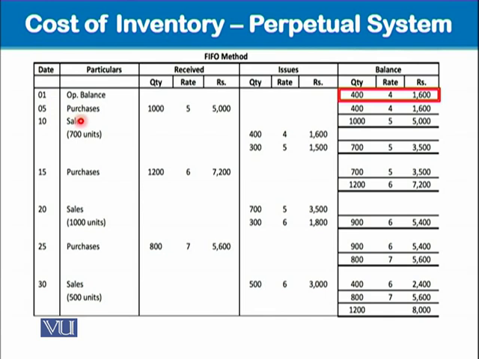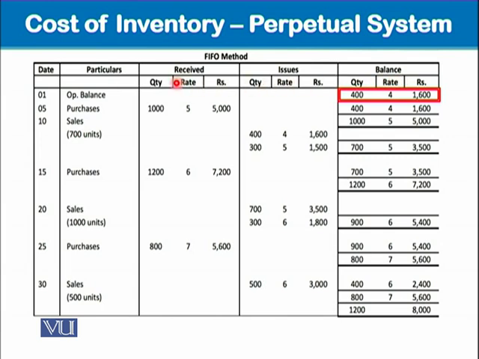You can see that there is a table in front of you. In this table, there is a column for date, a column for particulars, and three columns: received, issued, and balance. Received means the debit side of the inventory account. Issued means the credit side of the inventory account, and then there is the balance column.